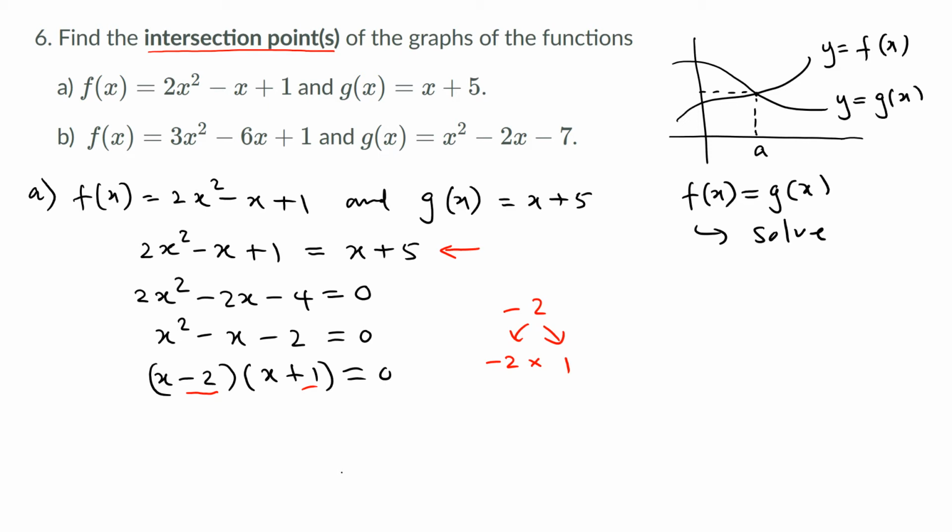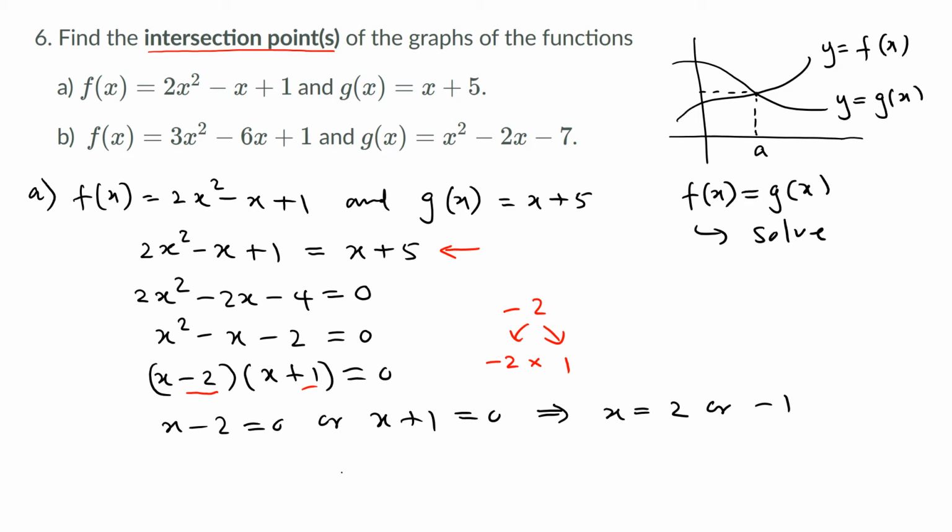Now we're going to set each of them equal to 0. So we set x minus 2 equal to 0 or x plus 1 equal to 0. This says that x equals 2 or negative 1.